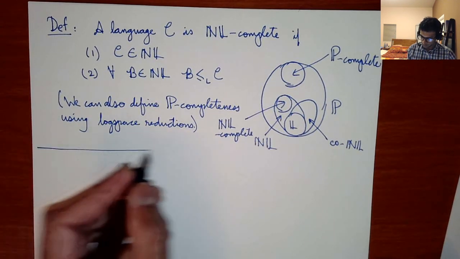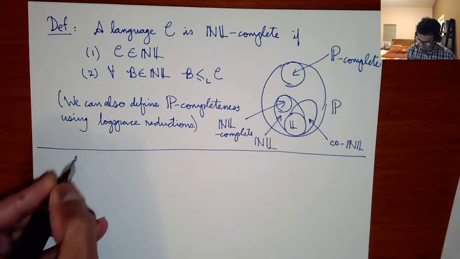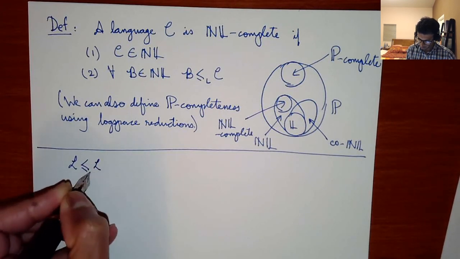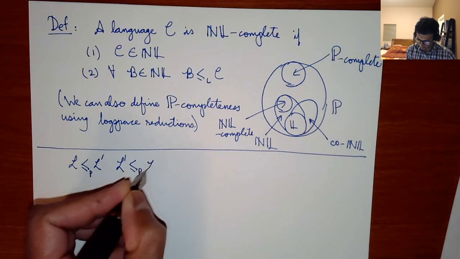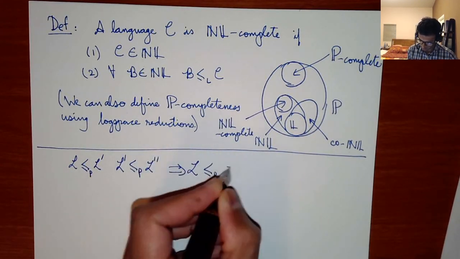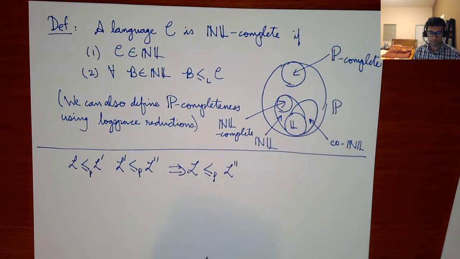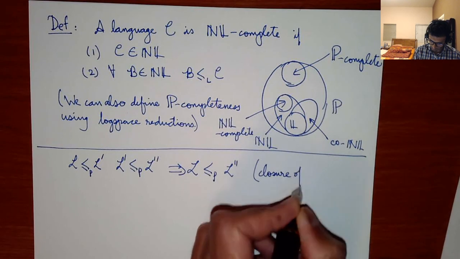Now, if you remember, reductions had this chaining property, right? So we would say something like if L has an efficient reduction to L prime and L prime has an efficient reduction to L double prime, then L has an efficient reduction to L double prime, and this uses the closure of polynomials.